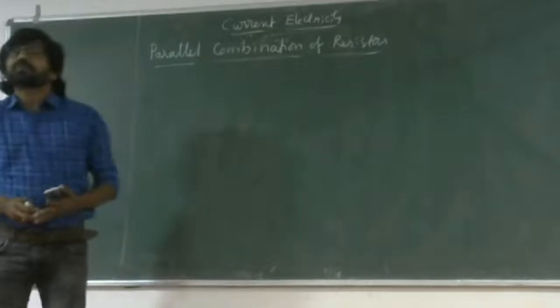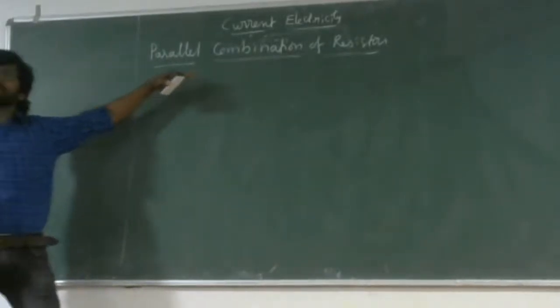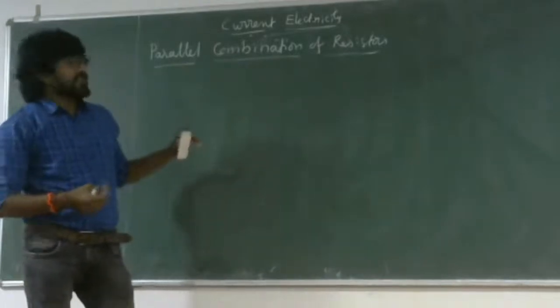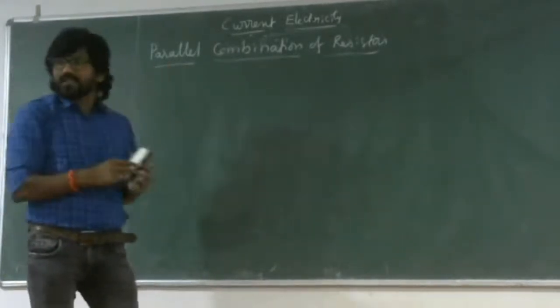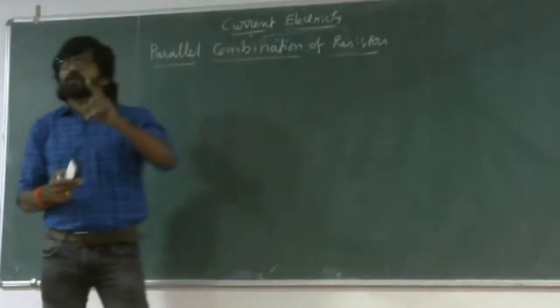Right. So when are resistors said to be connected in series? If the resistors are connected end to end, so that the same current passes through every resistor, then they are said to be in series.